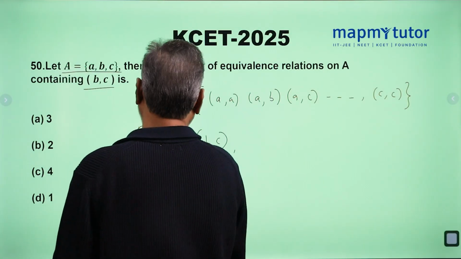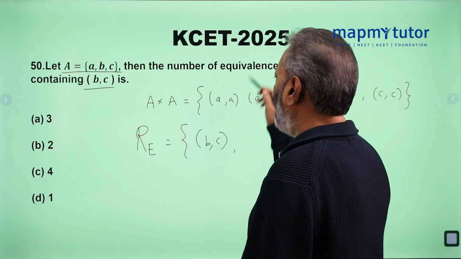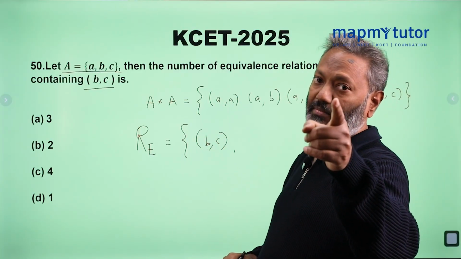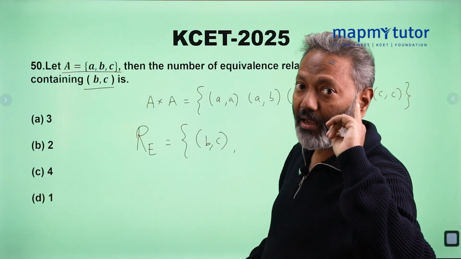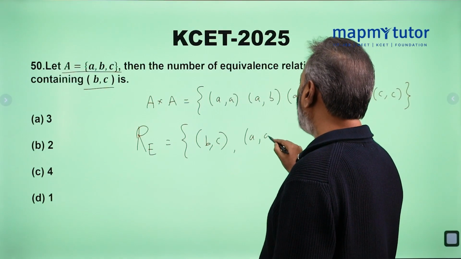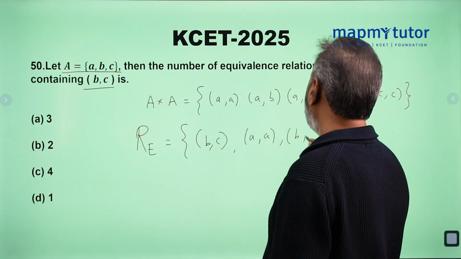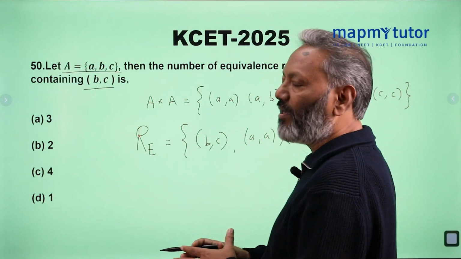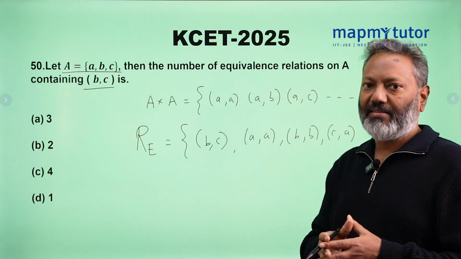Let us see the possibilities. BC is already fixed. For a relation to be an equivalence, what is the first condition? Number 1, it should be reflexive, and it must have AA, BB, and CC. Then only I can say it is reflexive.